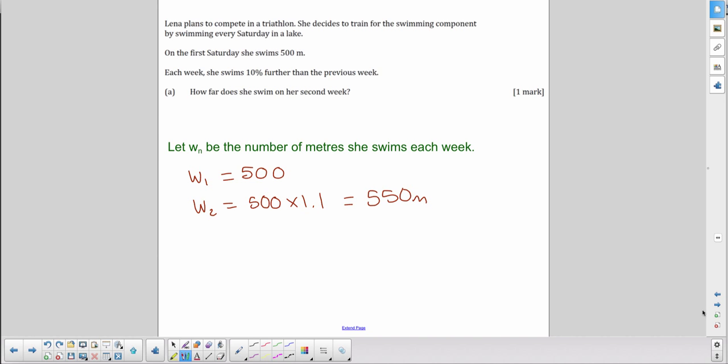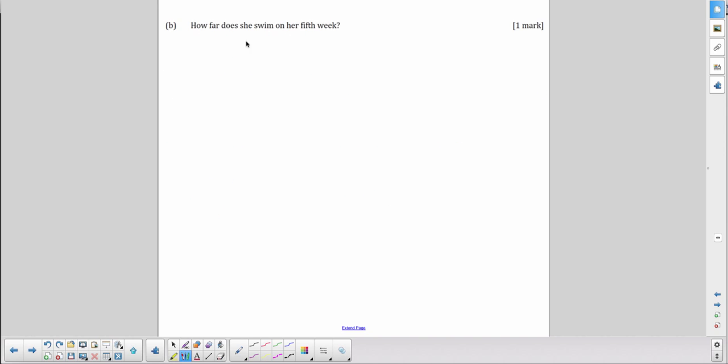Next question. How far does she swim in her fifth week? Well, because we know it's a common ratio where the first term is equal to 500 and the common ratio is equal to 1.1, we can write it as a geometric sequence which has this form. So Wn is equal to 500 multiplied by 1.1 to the power of n minus 1. On our fifth week, we need to evaluate this when n equals 5.